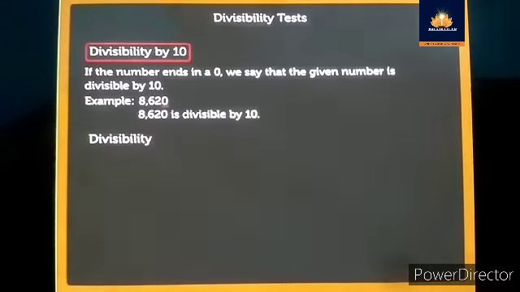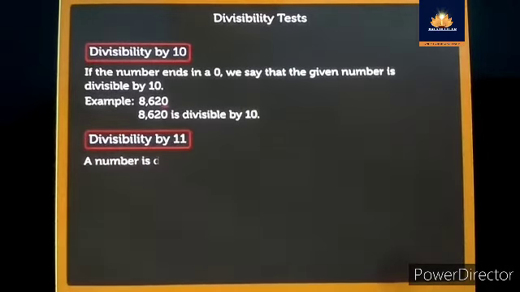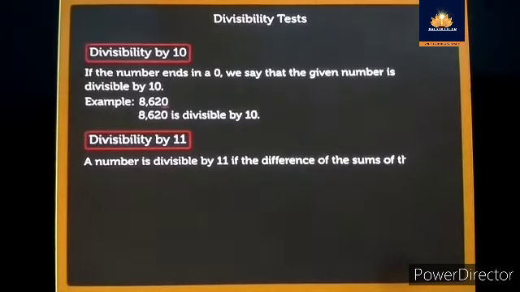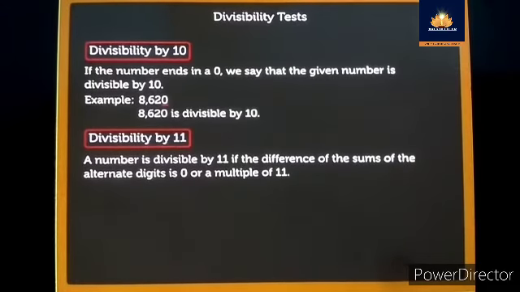Then divisibility by 11. A number is divisible by 11 if the difference of the sum of the alternate digits is 0 or a multiple of 11. For example, 3,729.